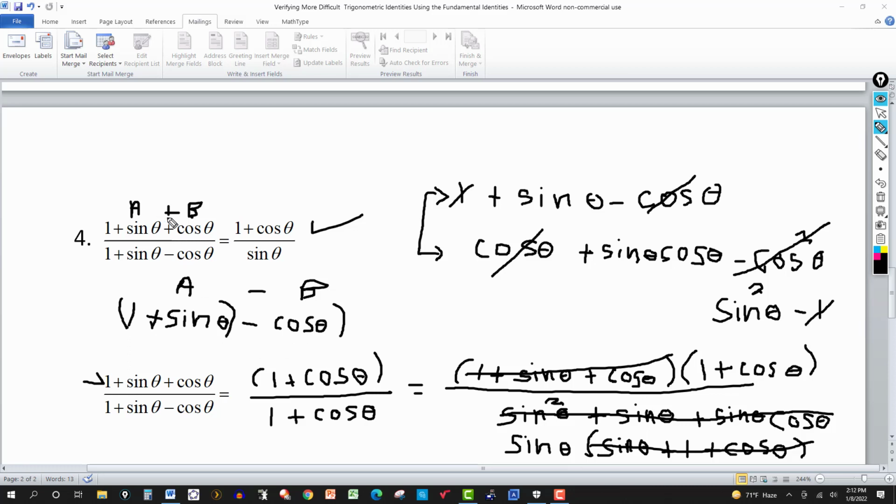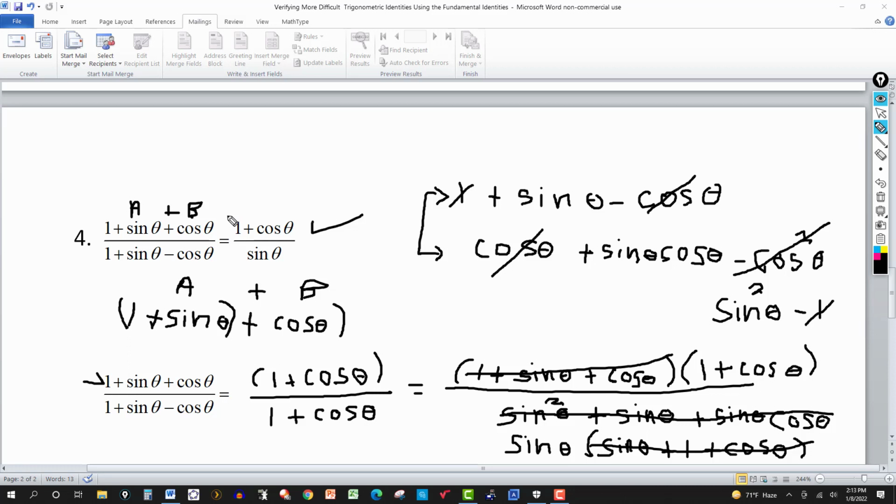So he applied this basic formula from algebra. The denominator, he multiplied by A plus B, and this was a plus. So basically this is A and this is B. So it's A plus B times A minus B. In the denominator, you have A plus B times A minus B, which is A squared minus B squared.